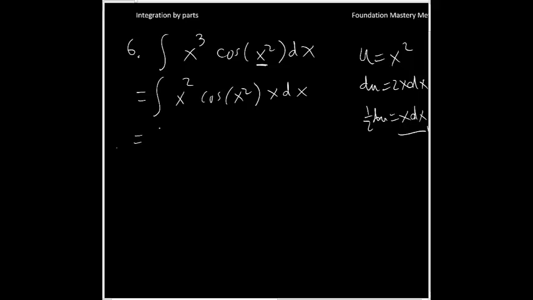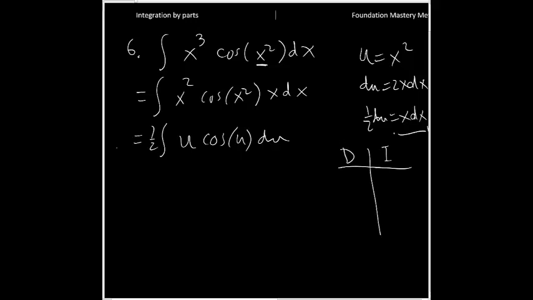X squared is u, so you have u here, and then you have cosine u here, and x dx is 1/2 du. Now it is nice. Nice meaning I can use now the shortcut one, or integration by parts. So you write here u cosine u. So the derivative of u is 1, and then it is 0.